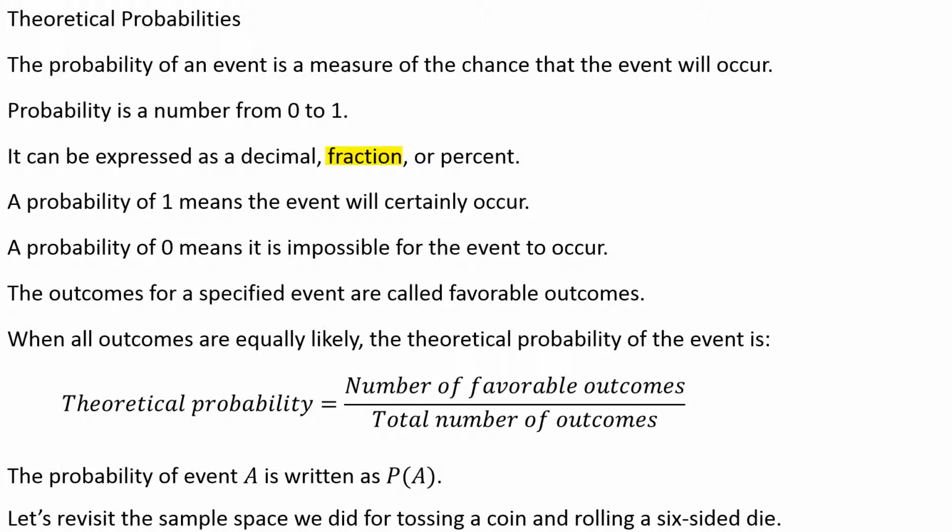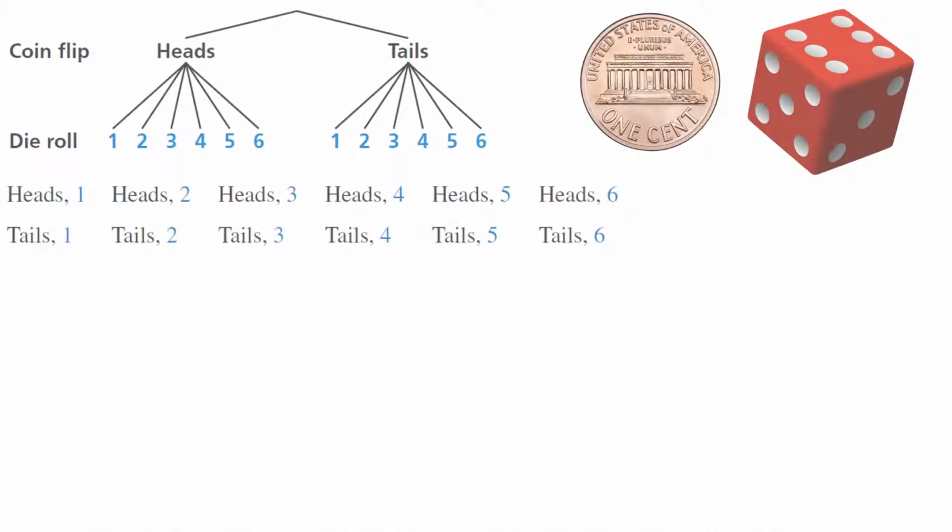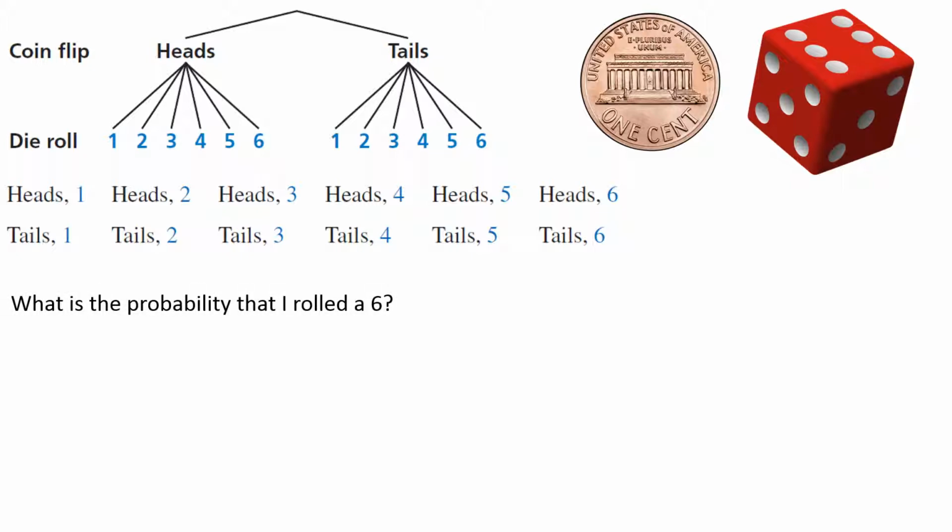So let's go back and look at that coin and six-sided die. If the desired outcome is a 6, or in other words, the event of the 6, probability that there's a 6, well, the sample space has 12 things in it, so the bottom of the fraction's got to be a 12.